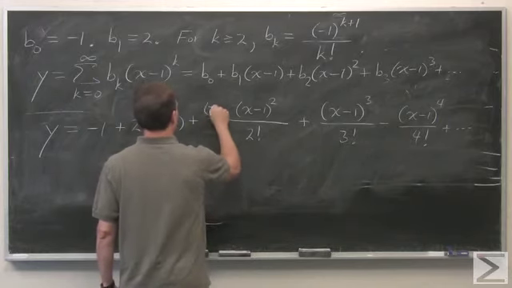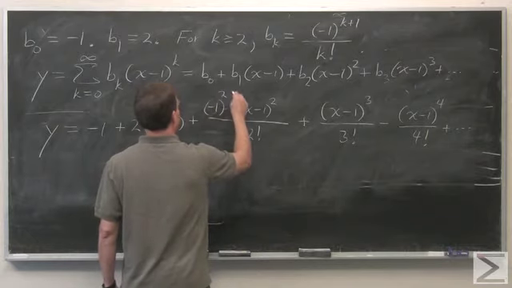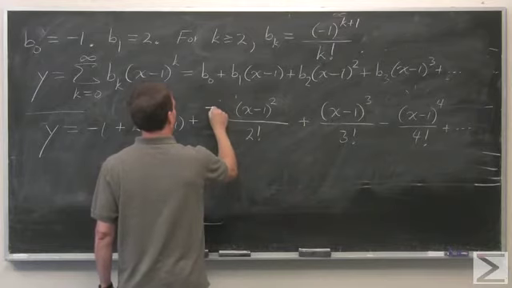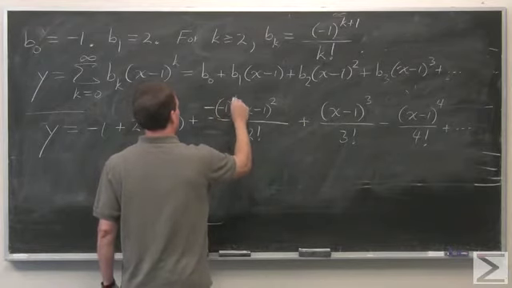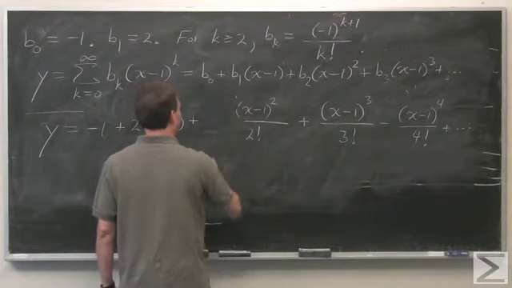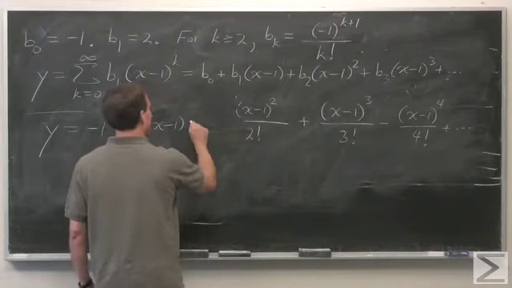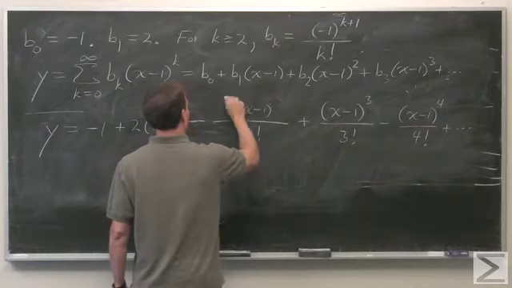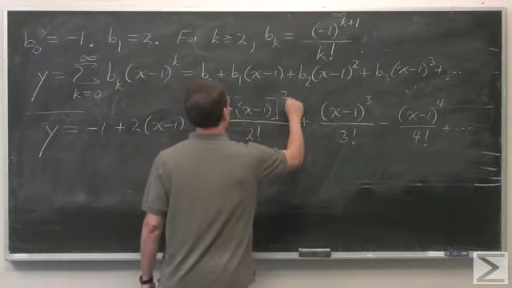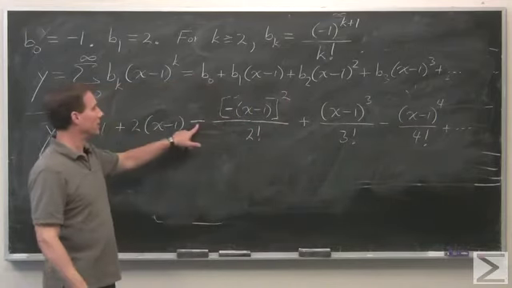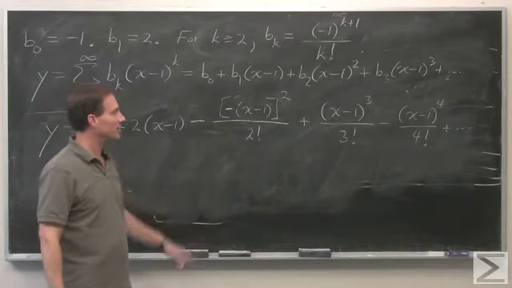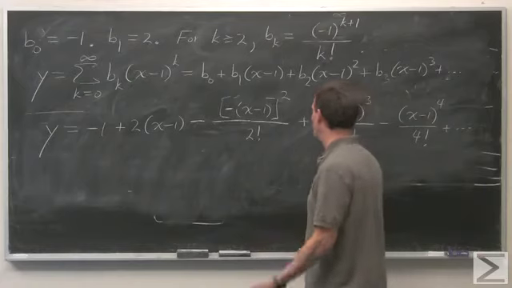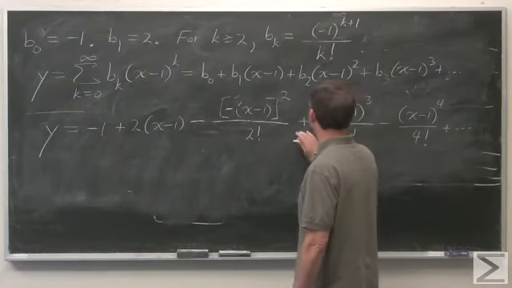I'll write this as a minus 1 to the 2 plus 1, or in other words, a minus times... How do you make the sign alternate in a nice way?